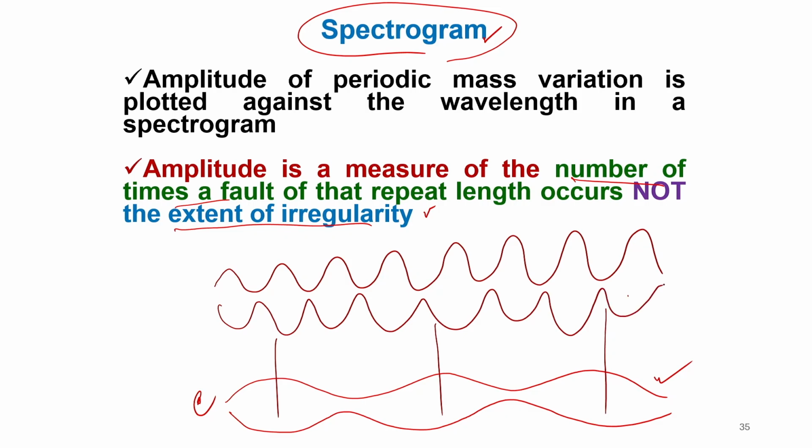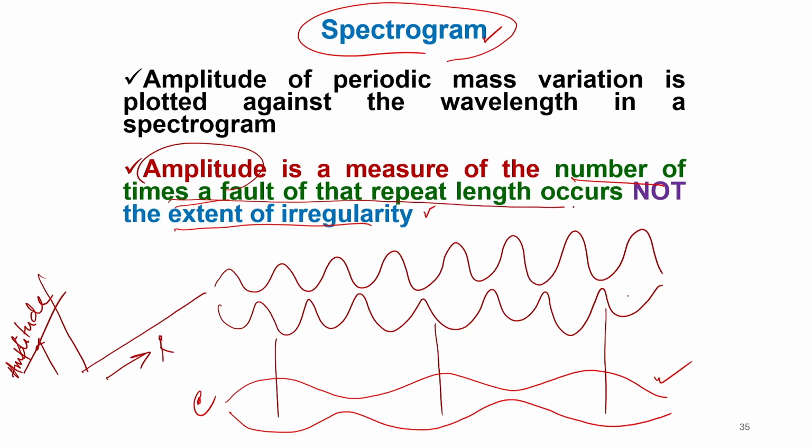Now, here in the spectrogram, on the x axis is the wavelength, and on the y axis it is the amplitude. Amplitude is a measure of the number of times the fault of that repeat length occurs. Suppose the length is 100 meter.